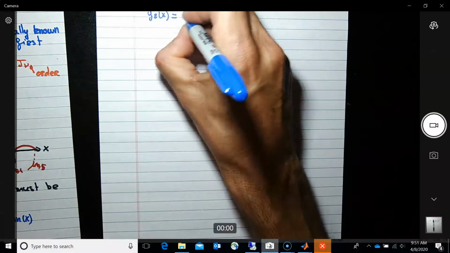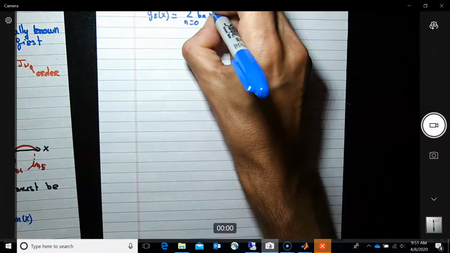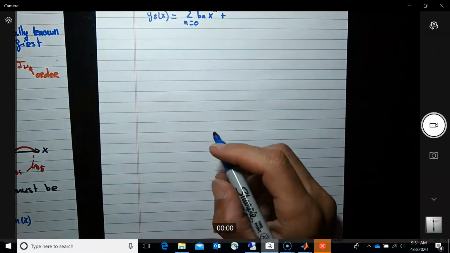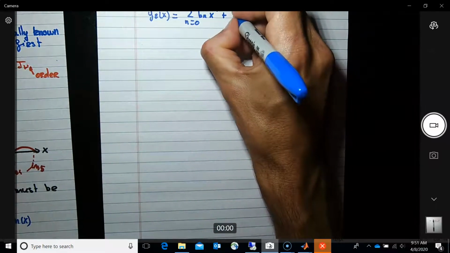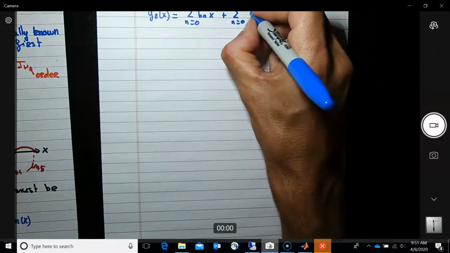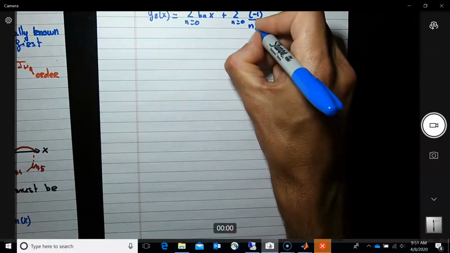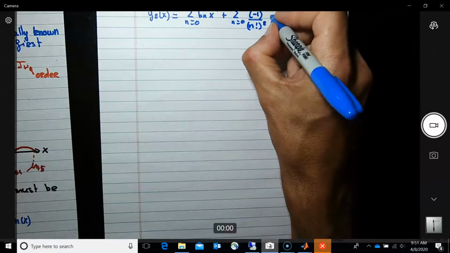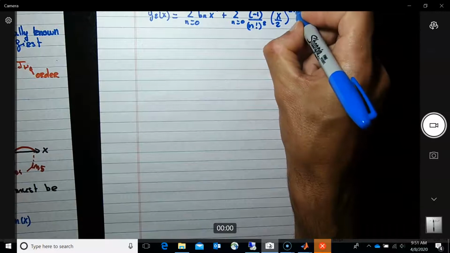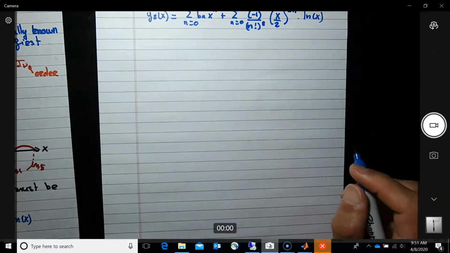The first term is unchanged, b_n x to the n, plus, but now what was y1 times the summation of n equal 0 to infinity of minus 1 to the n over n factorial squared times x over 2 to the n, and all this times log of x.